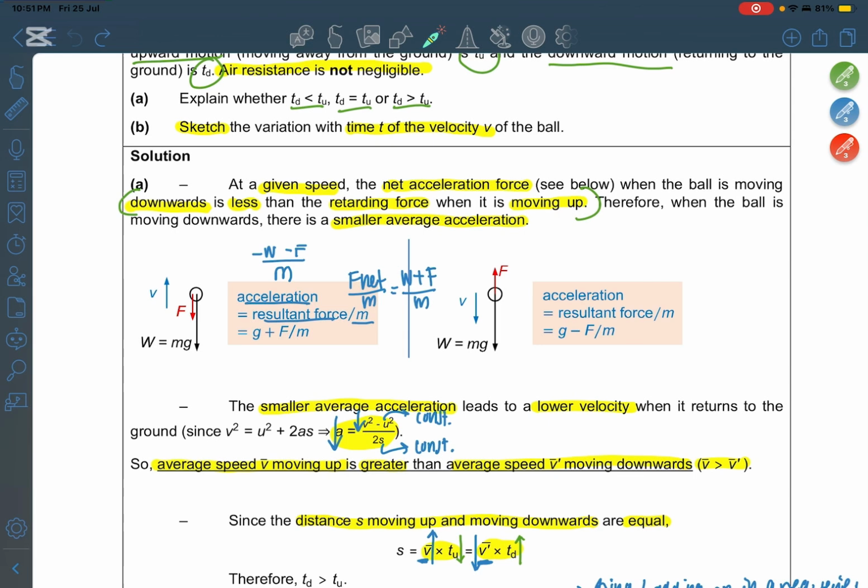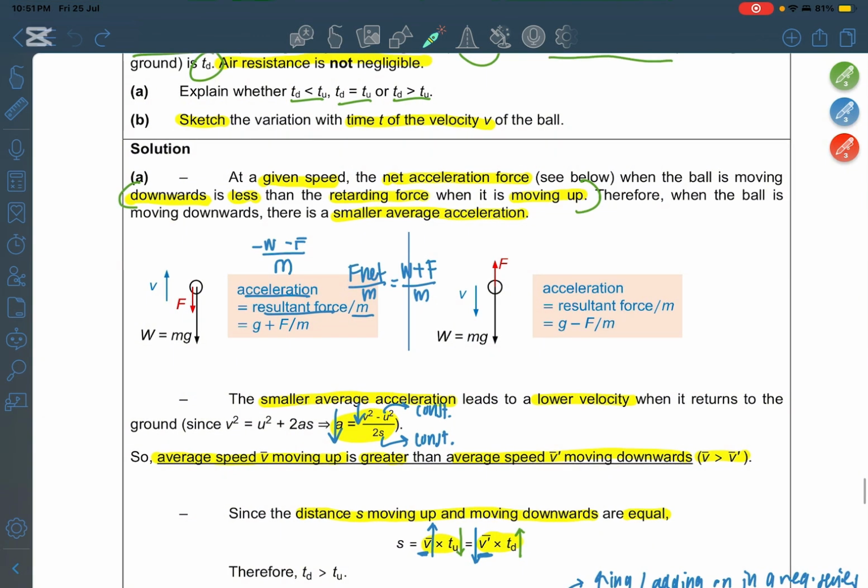And so when the ball is moving downwards, there is going to be a smaller average acceleration. So the smaller average acceleration will lead to a lower velocity when it returns to the ground. Smaller average acceleration means velocity doesn't increase as much. Okay, so if you want it mathematically, this is one of the equations.